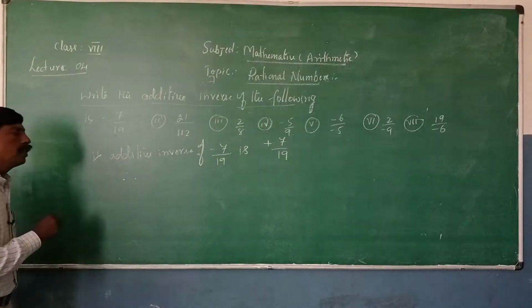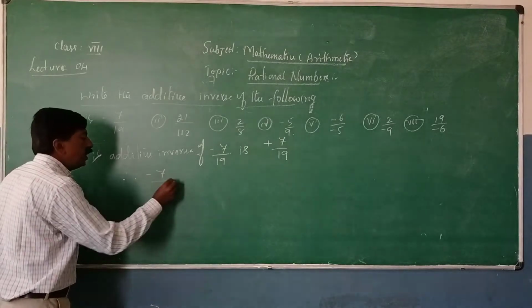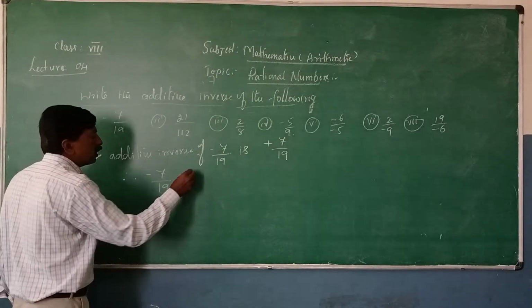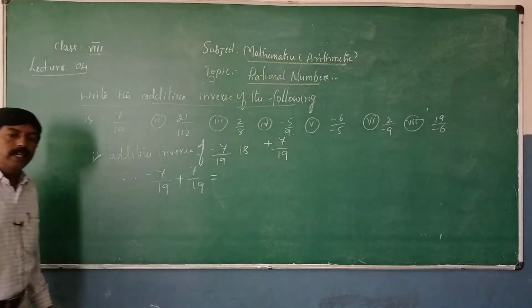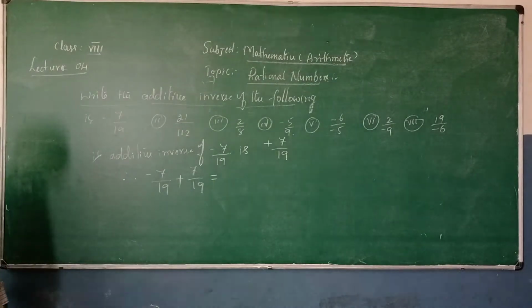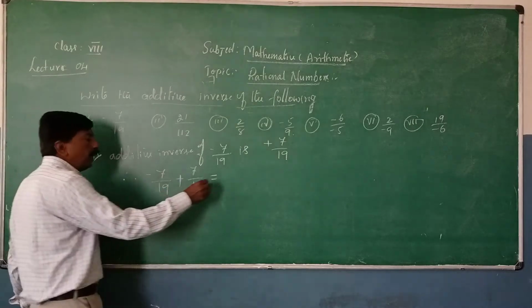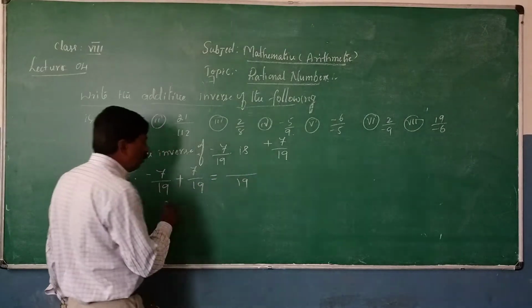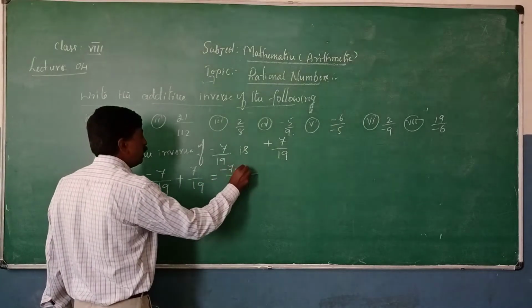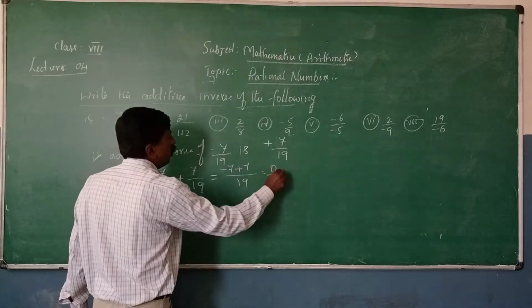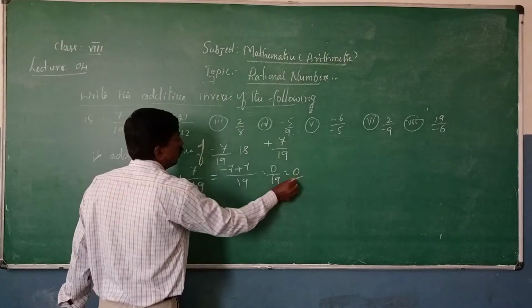Why? Because minus 7 by 19 plus 7 by 19, find the sum of these two. Yes? The denominators are the same, so add the numerators as they are, minus 7 plus 7. It is 0 by 19. 0 by anything is 0.